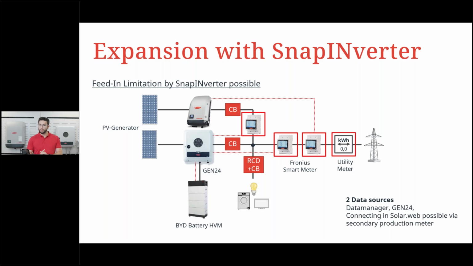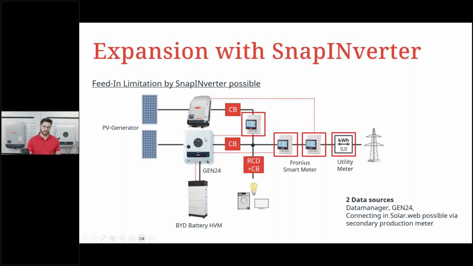There would be a way around this with adding a secondary smart meter in the production line of the SnapInverter. So like we can see here, we add the secondary smart meter, we connect it to the GEN24 inverter, and then we have one SolarWeb system where all of the production value can be seen.